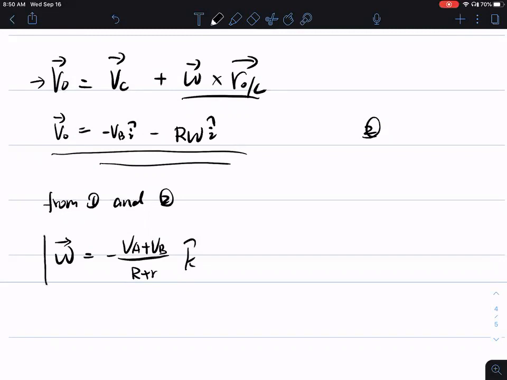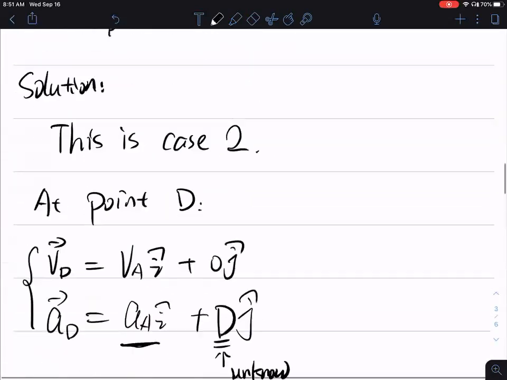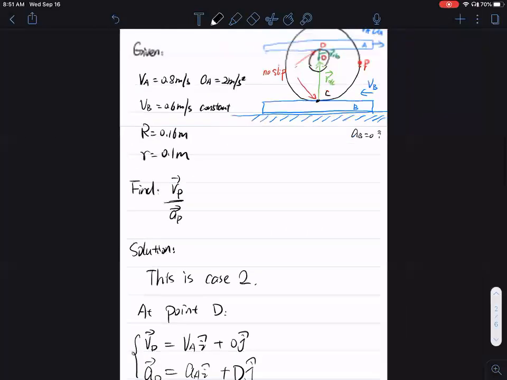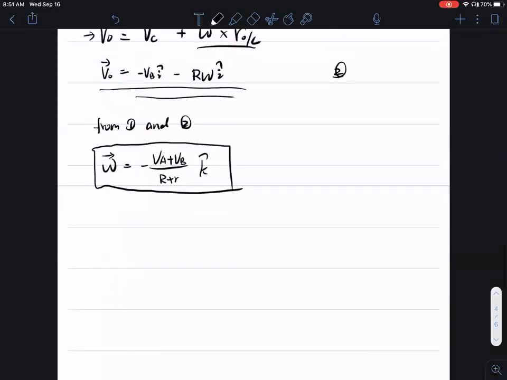That's an important step. When you're dealing with rigid body problems, it is very nice to find the angular velocity of that rigid body, omega, because omega appears in all the equations. We want to use omega to solve for other information. For example, in this problem, the ultimate goal is to find VP, the velocity at point P. Now we know omega, it's pretty easy to do.